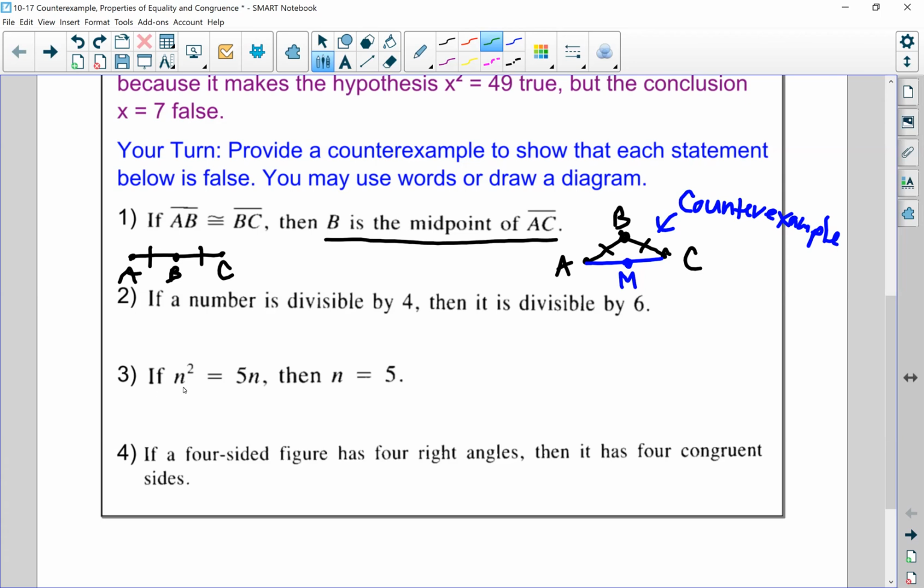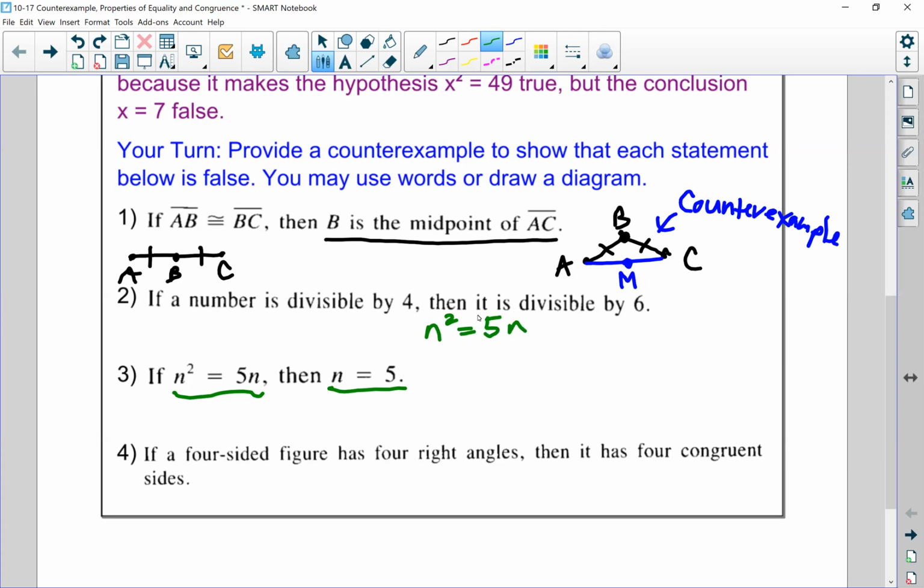So if n squared equals 5n, then n equals 5. Let's try a case where we can find a value of n that can make that first part, the hypothesis, true, but not be equal to 5, so it'll make the conclusion false. So we'll copy the equation first. What happens when we solve?